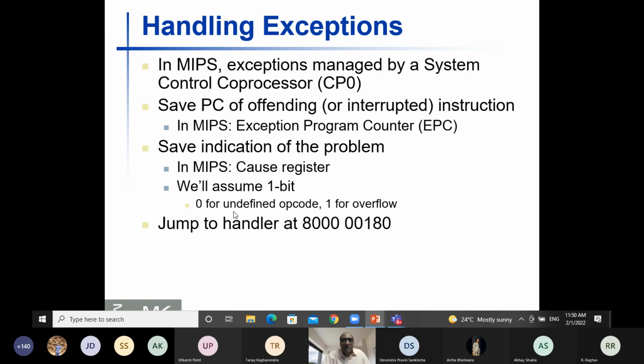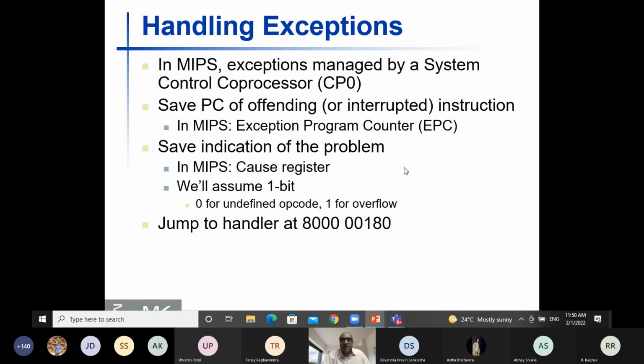That cause will be marked in this cause register. Whenever the exception occurs in MIPS, the program counter address of the instruction which caused the exception is loaded into the EPC, and the cause is updated in the cause register.